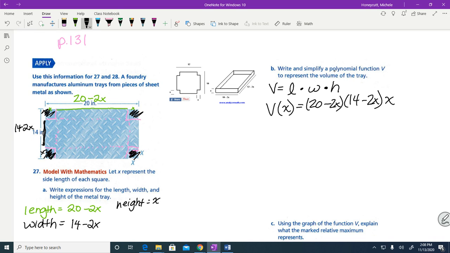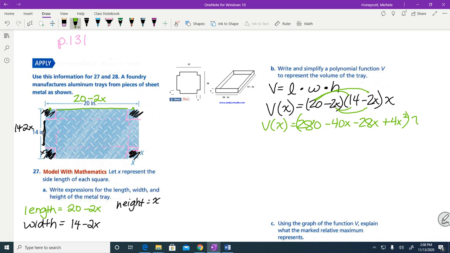So I'll multiply the first two parts together. So my volume in terms of x, 20 times 14 is 280. 20 times negative 2x is minus 40x. Negative 2x times 14 is negative 28x. And negative 2x times negative 2x is plus 4x squared.